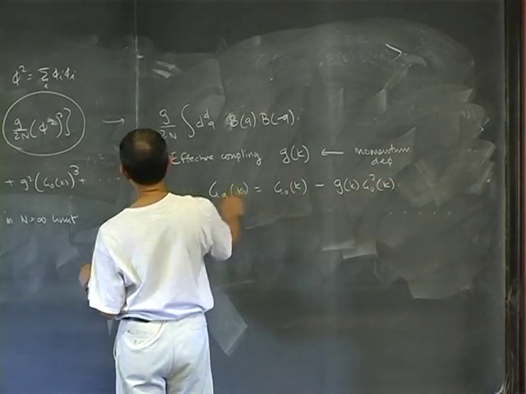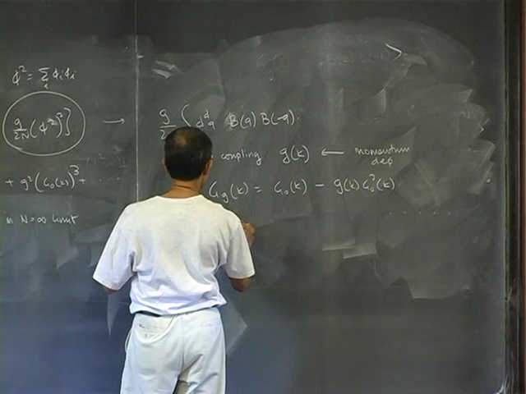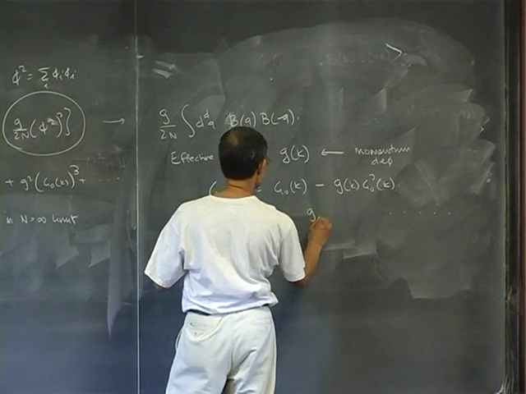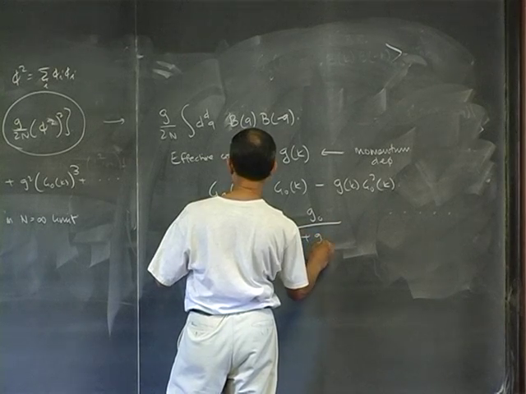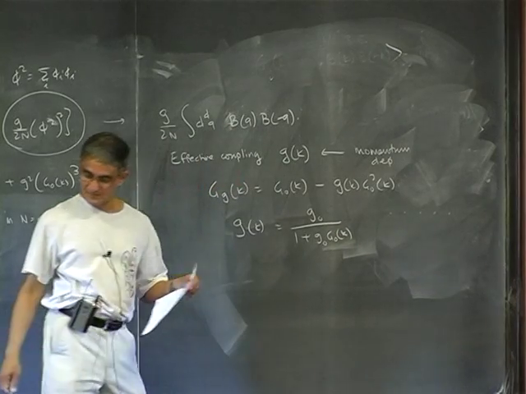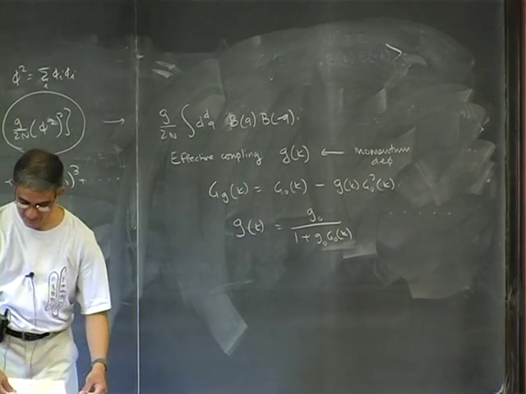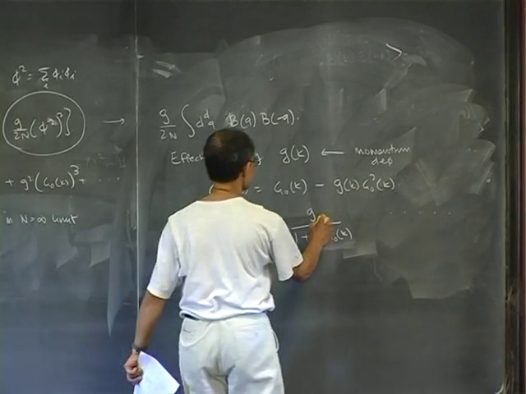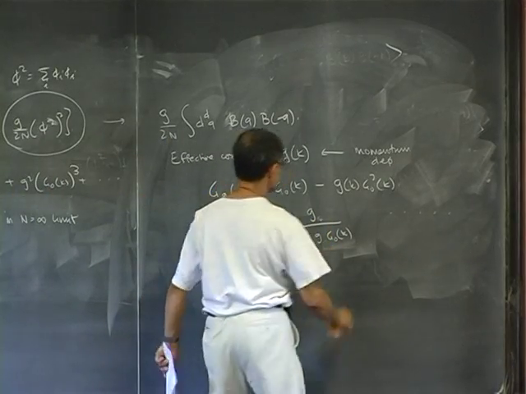And what you find by combining this definition with this is an answer for the effective coupling G of k, which is G0 plus 1 plus G0, no, just G, whatever I started out with this thing.